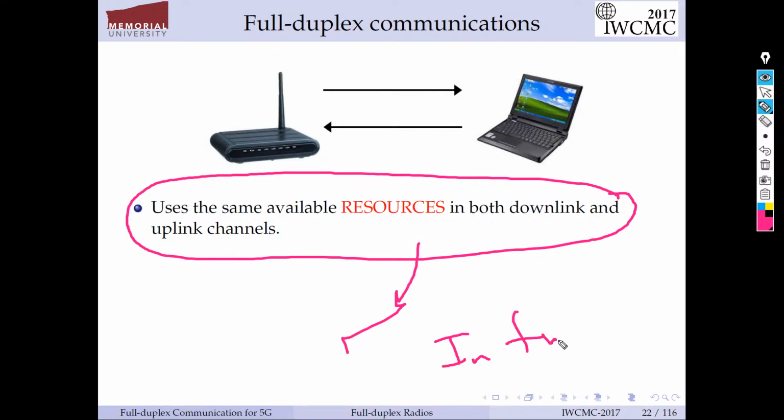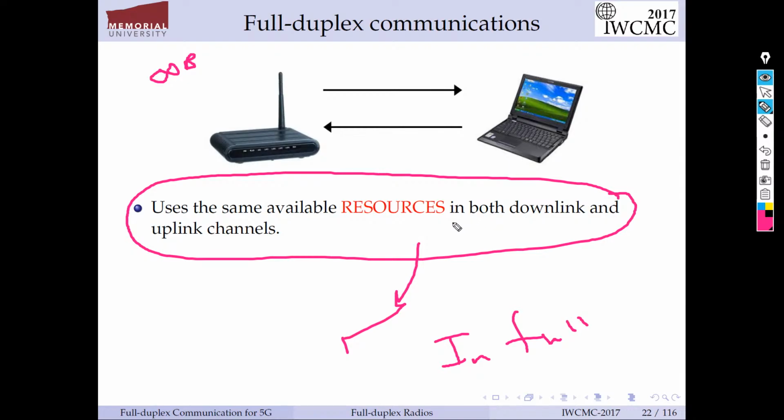So we have full duplex already using our mobile phones, computers, with the network, but that we call out-of-band full duplex, because you are using different frequencies or different time slots for transmission and reception. Here, you are using the same resources, time and frequency, for uplink and downlink, for transmission and reception simultaneously.